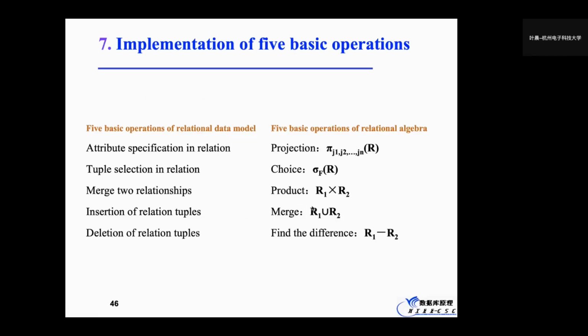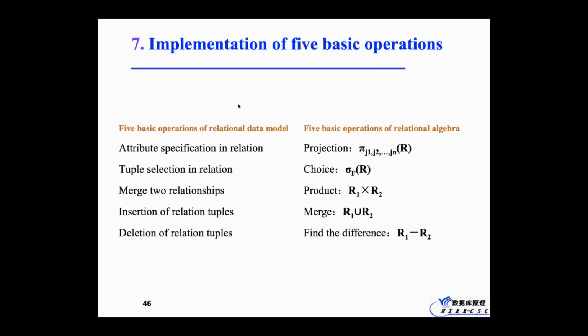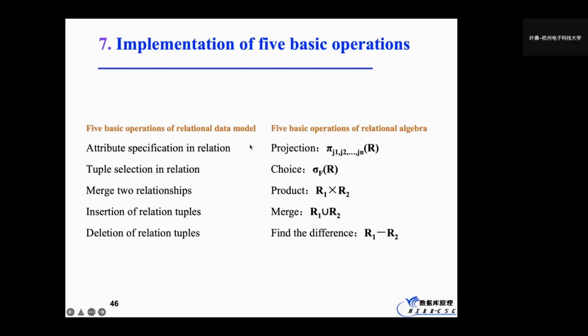For these basic operations, such as attribute subdivision in a relation, it corresponds to the projection like this. And for the tuple selection in the relation, we have the selection notation. And to merge two relations, we have the product. And for insertion of relation tuples, we have the union. And for deletion of relation tuples, we have the minus.